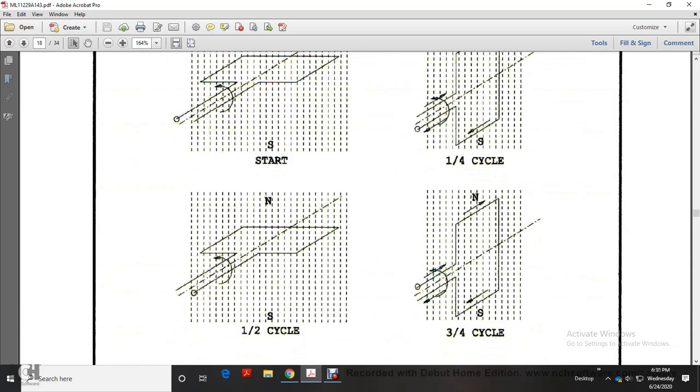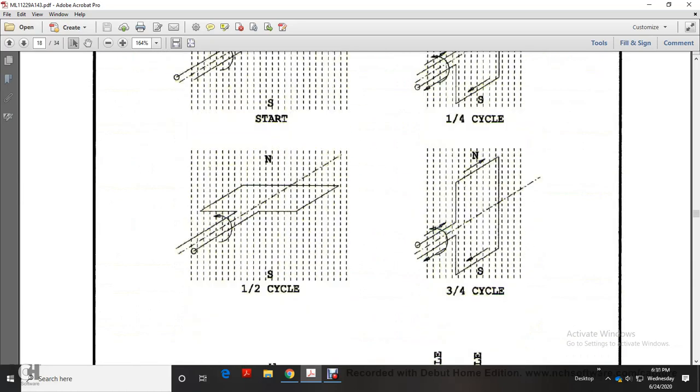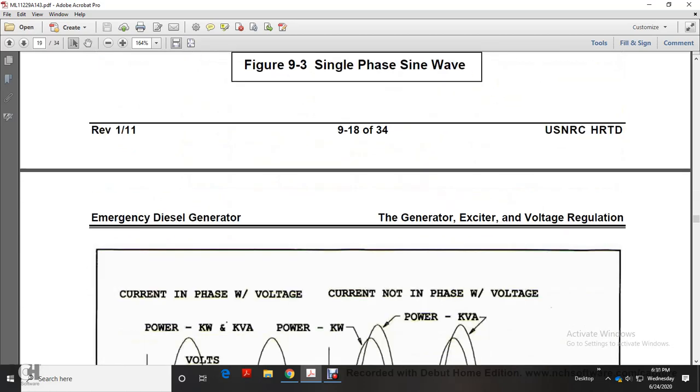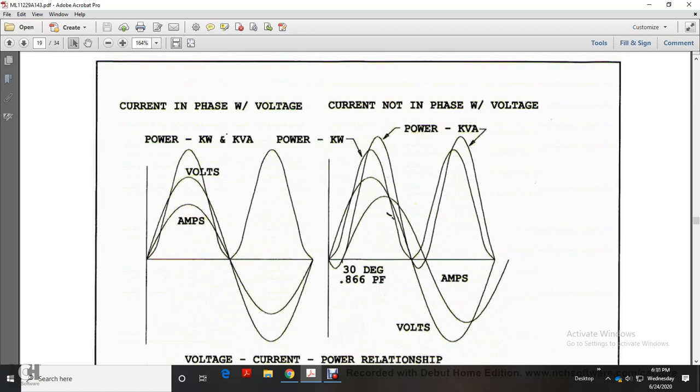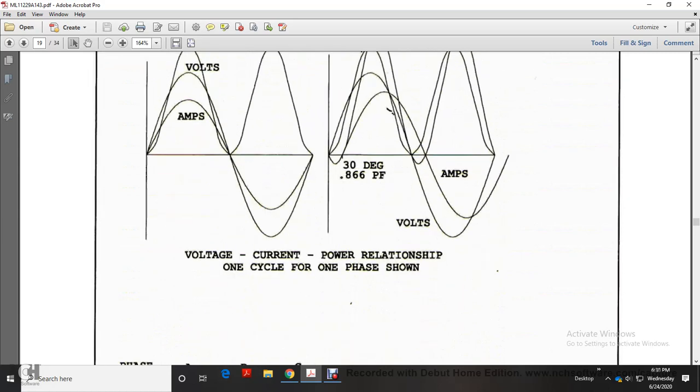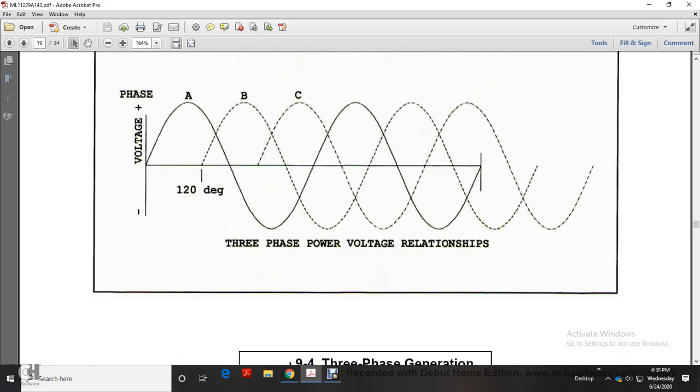Simple AC generator: start, 1/4 cycle, half cycle, 3/4 cycle. Current phase and voltage, current phase and wattage, voltage, amperes, kilovolt-amperes, power, kilowatts, power, kilovolt-amperes. Three-phase power, voltage generation.